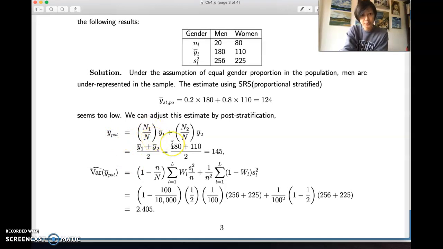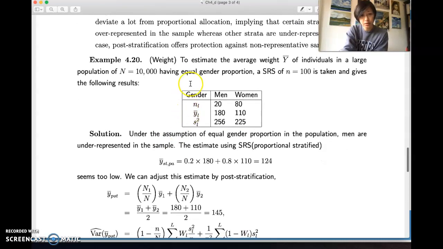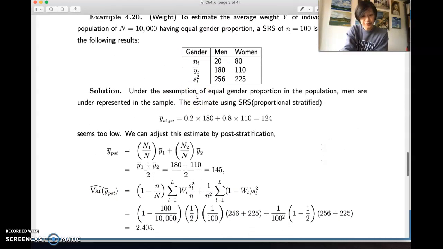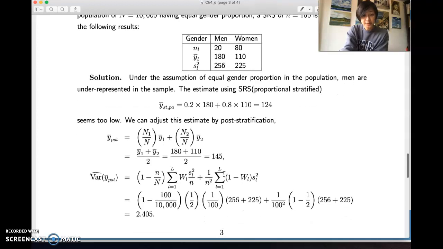Okay, so in this case, we were told that they have equal gender proportion, so 50-50% of the Y1 bar and Y2 bar. So in this case, the post-stratified Y bar would be estimated by 145. And again, we consider this as a post-stratification method. Then the estimated variance would equal, we use equation 4.14.